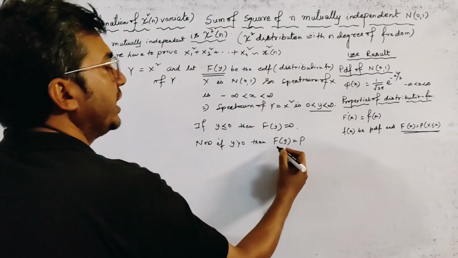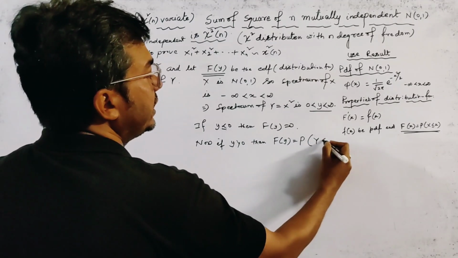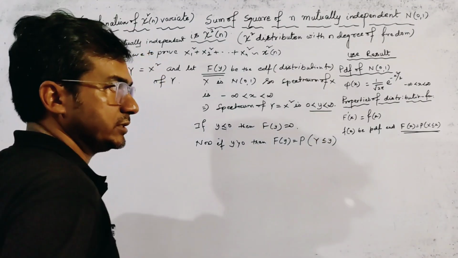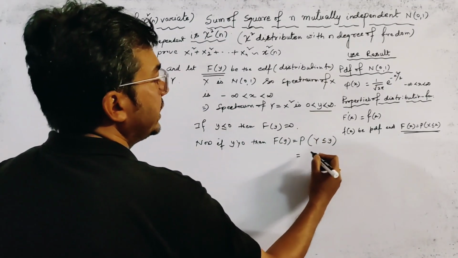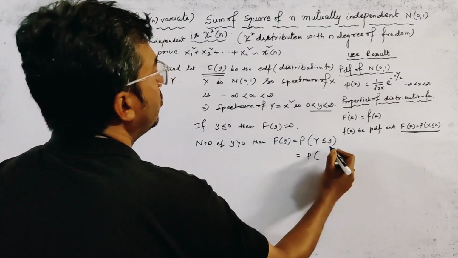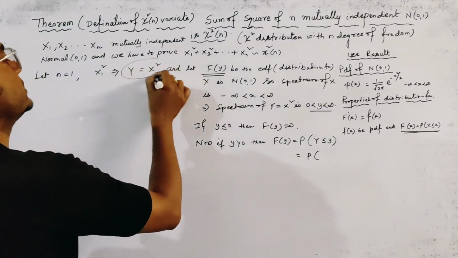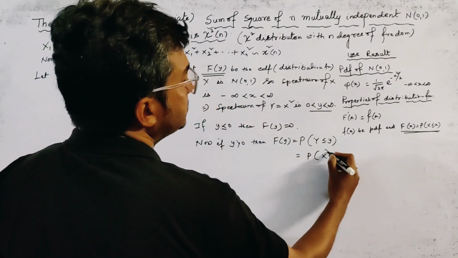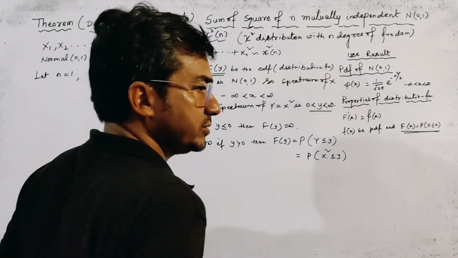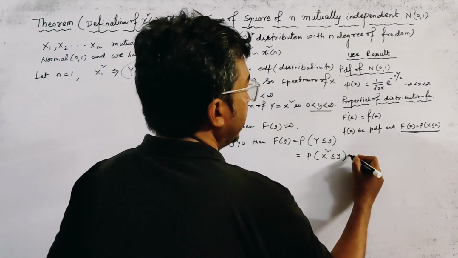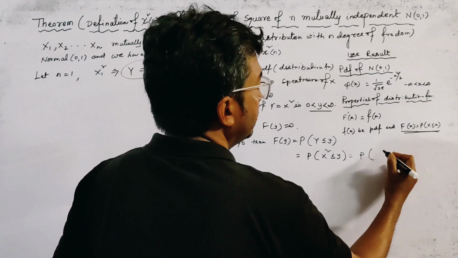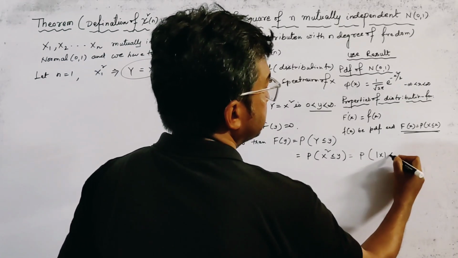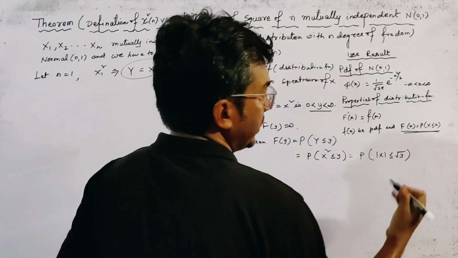So F of y is the probability that Y is less than or equal to small y. Y is x square, so x square less than or equal to y, and this gives the probability that mod x is less than or equal to root y.